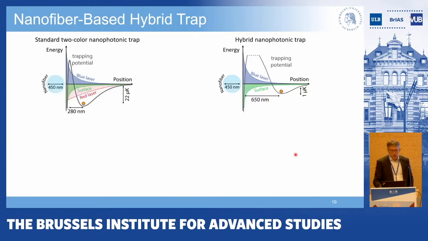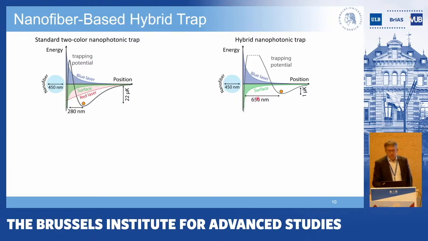You can actually put in the numbers, and what you find is that using the right powers and detunings of the red and blue beam in the standard two-color nanophotonic trap, we have trapping at 200, 300 nanometers from the fiber surface, and a depth which corresponds to a temperature of 22 microkelvin for this specific trap.